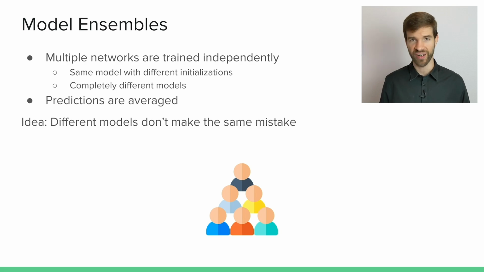Model ensembles are, as I just said, multiple networks that are trained independently, but then are being used jointly. The idea is that you have the same model, but you initialize it differently. Every model is initialized with random variables and then they're trained on the same data set.